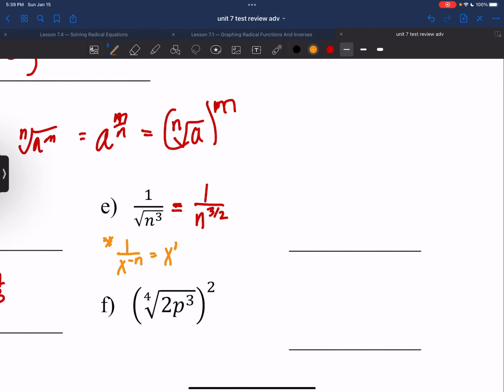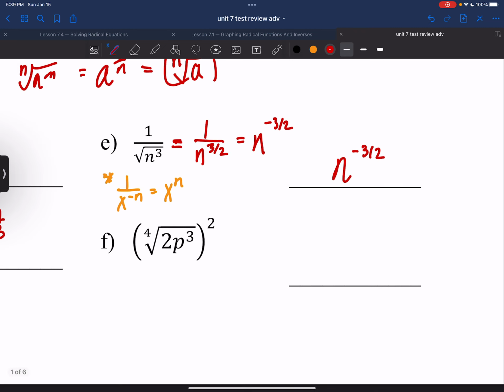That's going to go up in the numerator, like so, which means this actually equals n to the negative 3/2. Done. And this is just using rational exponents. Part of me says you probably could just leave it as 1 over n to the power of 3 halves, but I think the idea here was just to recognize that it's negative.